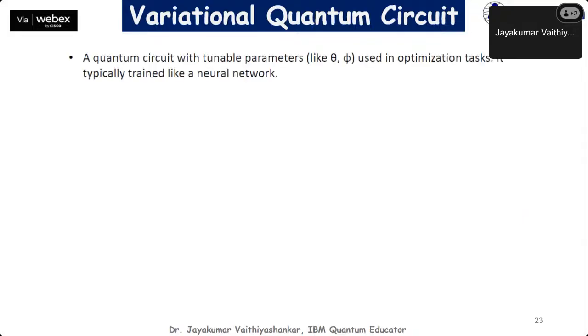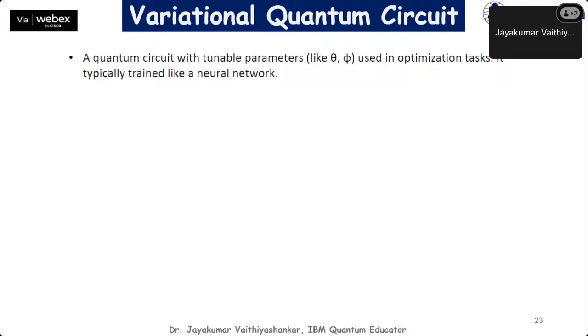So in this quantum circuit, we need to change our parameters. These parameters are tunable. We already covered two angles in the Bloch sphere, so try to recall. These two parameters are used in optimization tasks. Suppose you want to do optimization, you can vary this delta and psi.